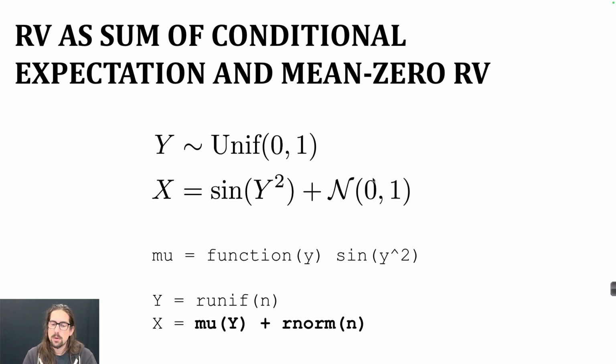And what I'm showing you now is that you can break that up even a little further. Instead of saying what's the conditional distribution of x, you can say what's the conditional mean of x, and then what is the noise that's being added to that? And that fully specifies the conditional distribution of x given y. And so it lets you break down the problem of thinking about how the data are generated even more finely.